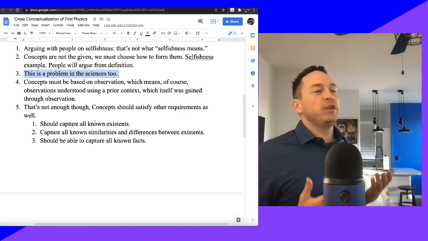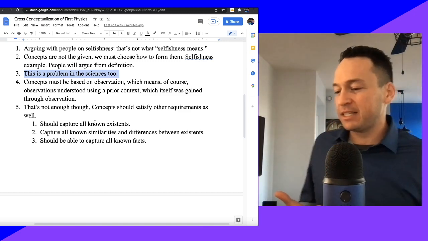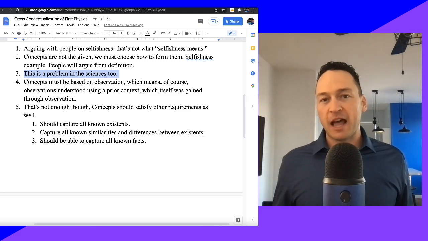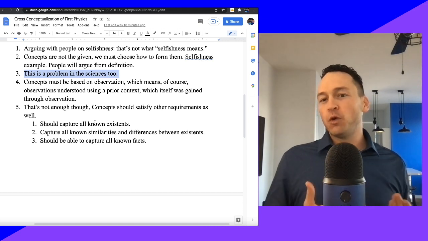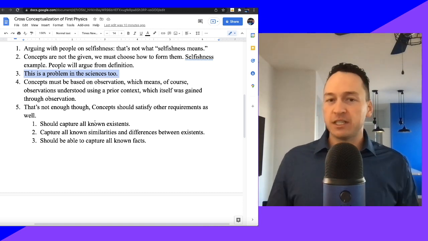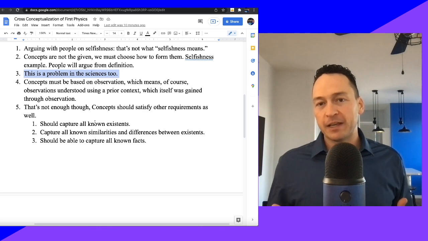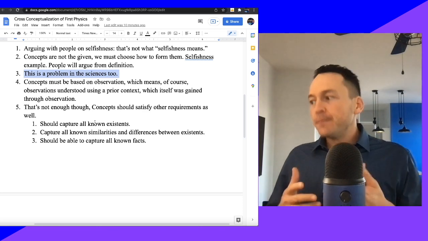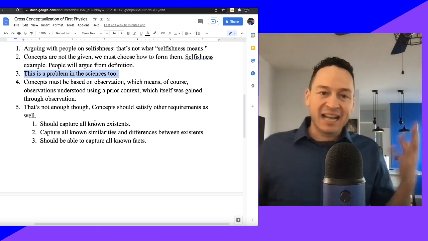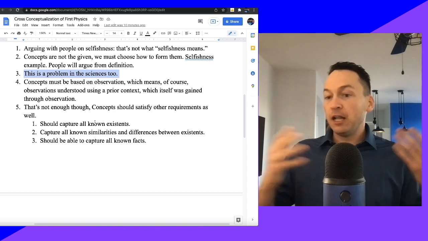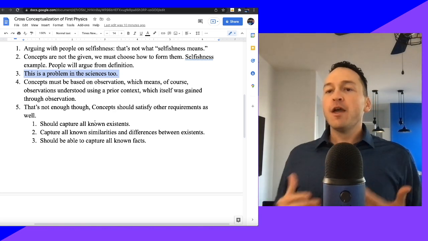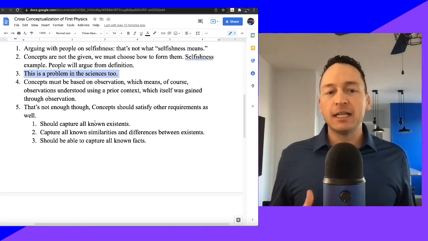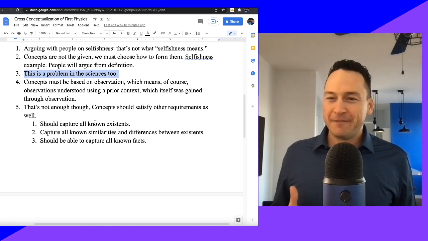But of course, as we know, forming a concept properly is a matter of life and death. If you form the concept of selfishness improperly, if you package-deal together helping the self with hurting others, then the essence of morality is simply never going to be available to you.